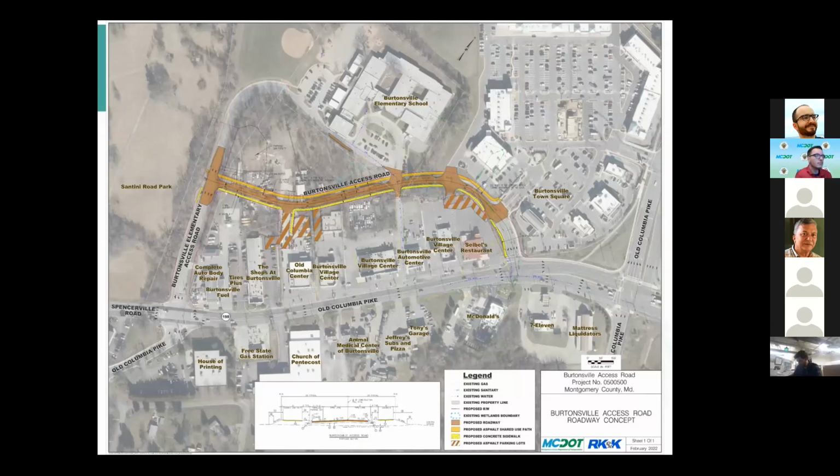And I think a very important feature of the access road that I want to emphasize from the Burtonsville Crossroads neighborhood plan is that right now it doesn't make sense to have a road there because it doesn't look very pleasant in that area with all the cars and so forth.